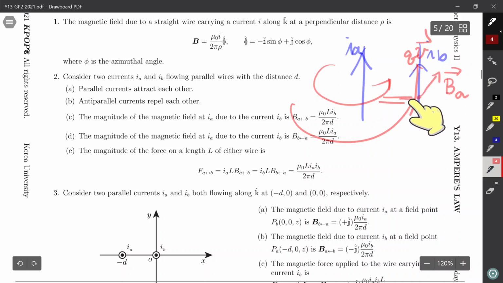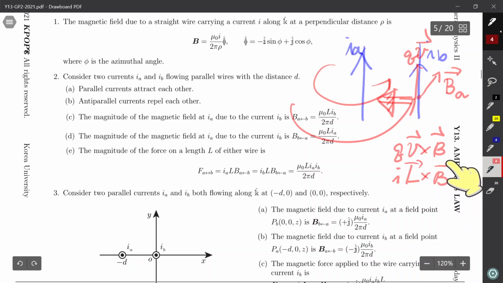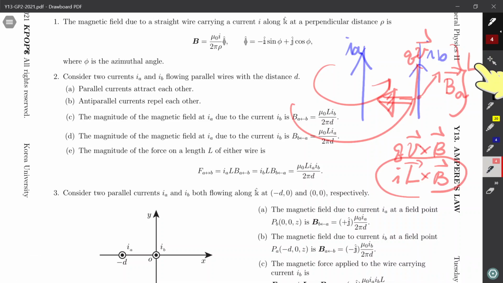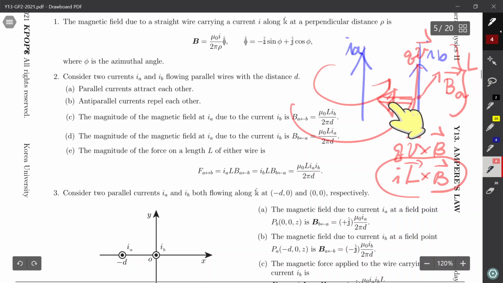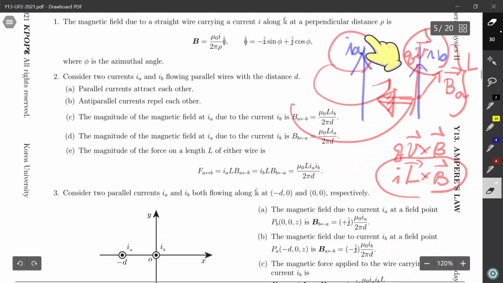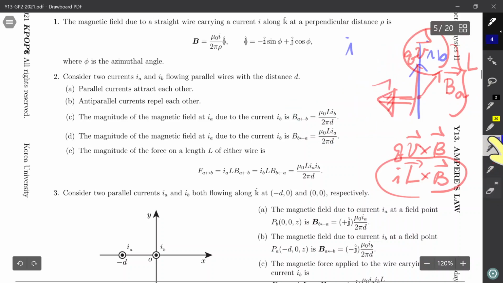So we have the magnetic force Qv cross B, or I L cross B, where this is the length L. The magnetic force is toward the other current when they are parallel, and if the current is opposite, then the direction will be flipped.